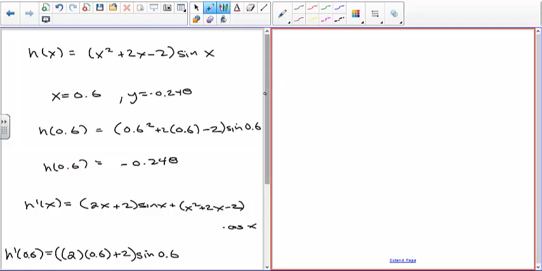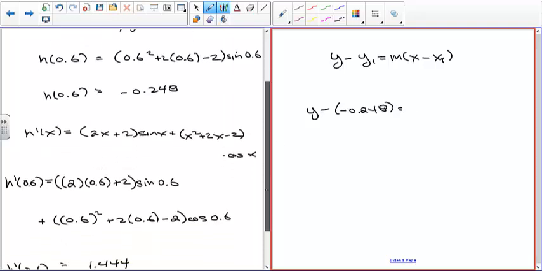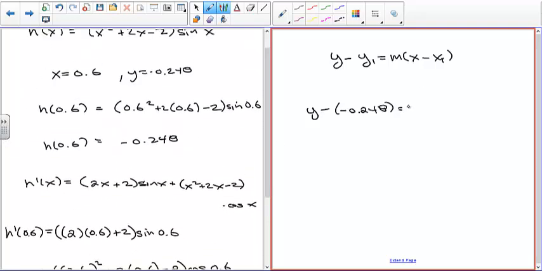So now we can just do the same thing. Point slope form of the linear equation. So you get y minus y1, which is negative 0.248, slope is 1.444, x minus x1, which is 0.6. So you get y plus 0.248 is equal to 1.444x.